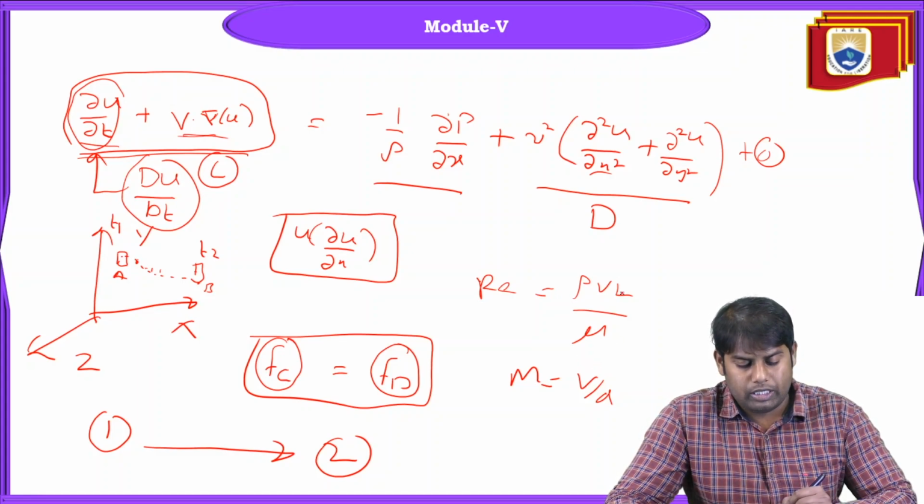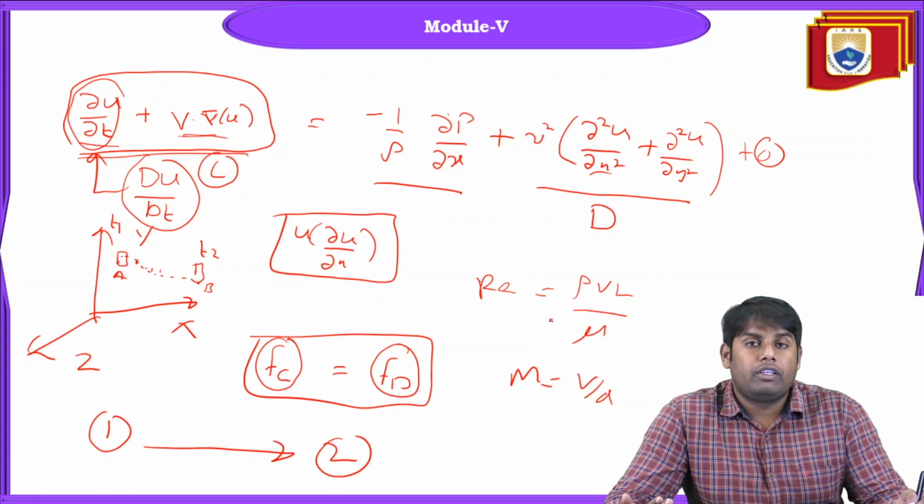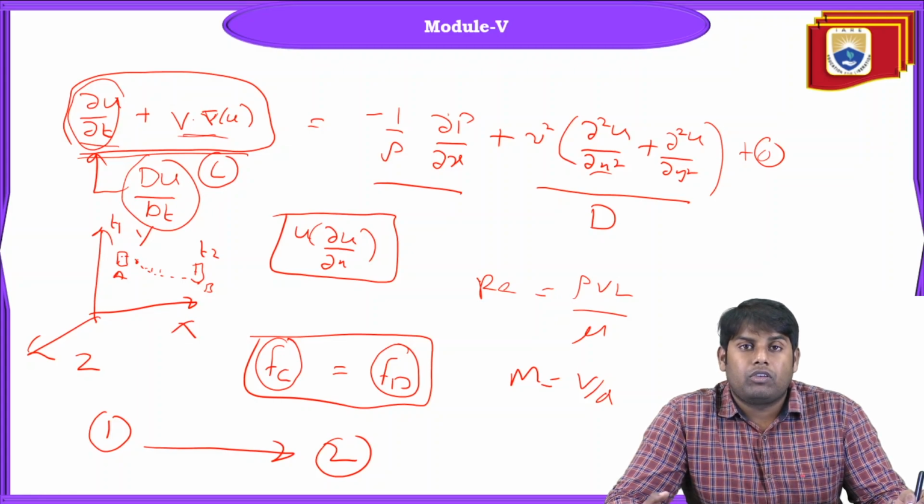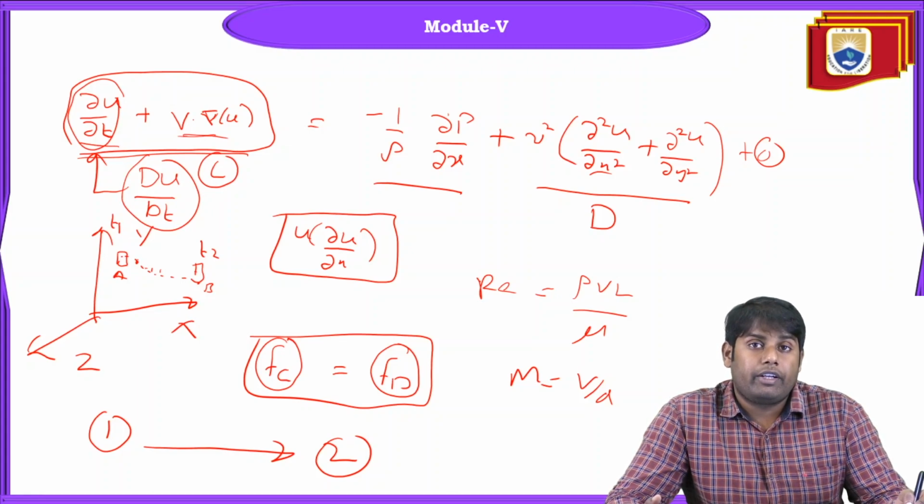If the velocity of the reference fluid or object is less, the Reynolds number also will become low. So when the Reynolds number and Mach number become low, the convective force becomes less. Therefore, the diffusive force becomes high.